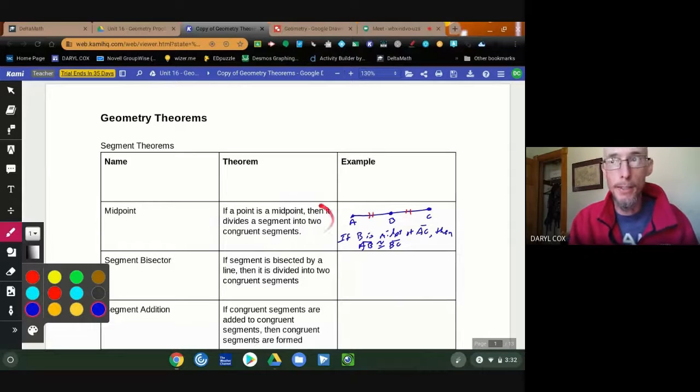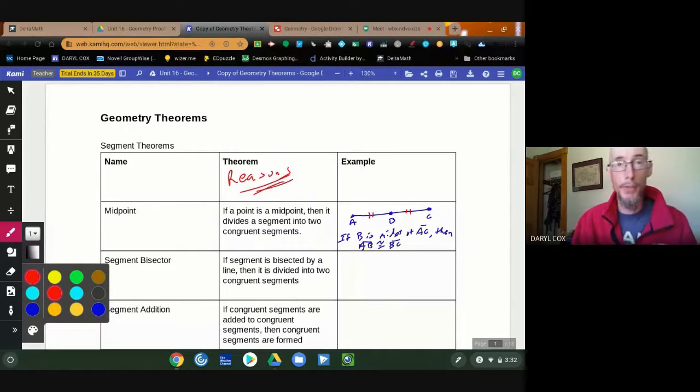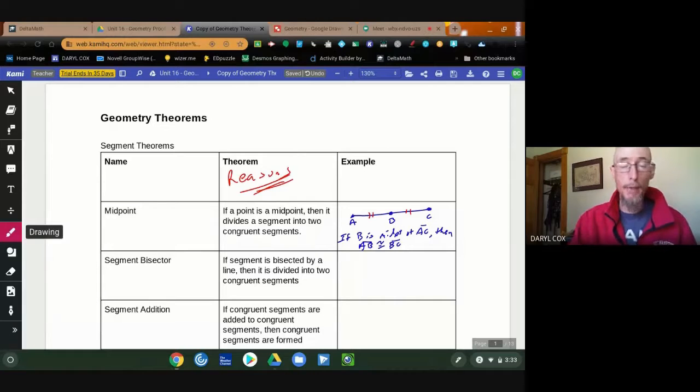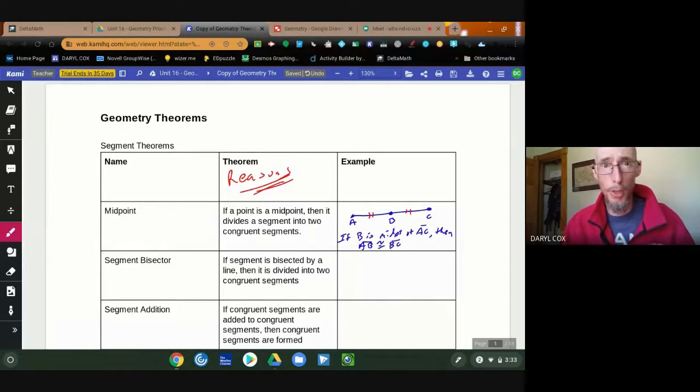The reason is the generalized theorem. So all of the things in the theorem column are our reasons in proofs. The examples will be our statements. And when we get done with this, we're going to spend a little time doing some two-column proofs. We're probably going to spend the first week of June or so doing two-column proofs.